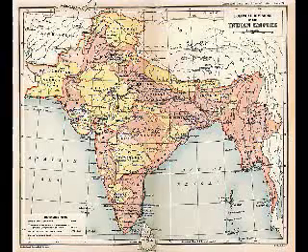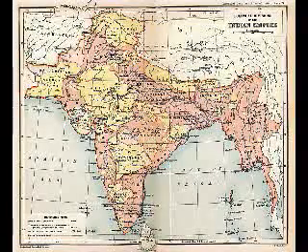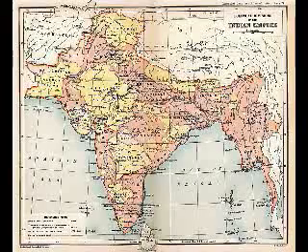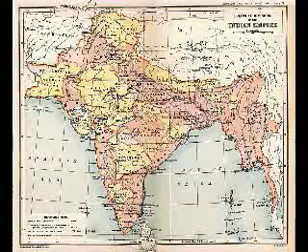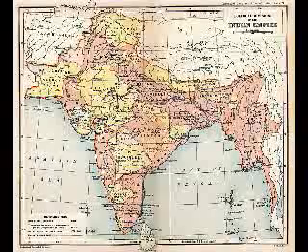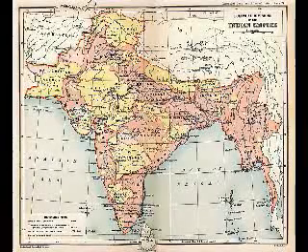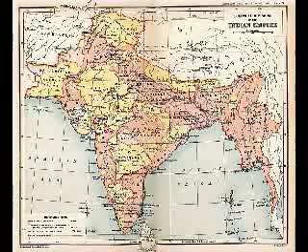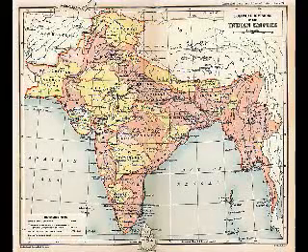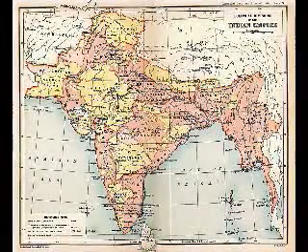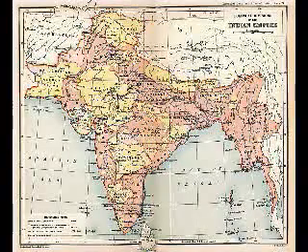Therefore, the policy of annexation of Indian states was given up and their cooperation was sought in strengthening the British imperialism. The princely states were asked to extend their cooperation. A number of powers were restored to them and they were assured that if they continued to be loyal to the British, they would not be harmed.